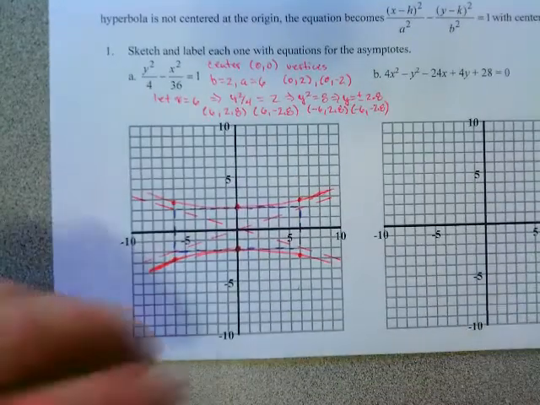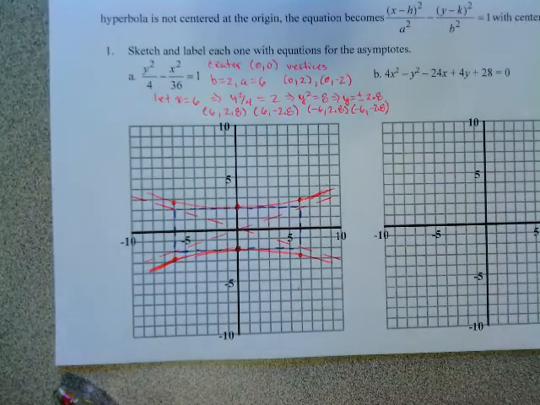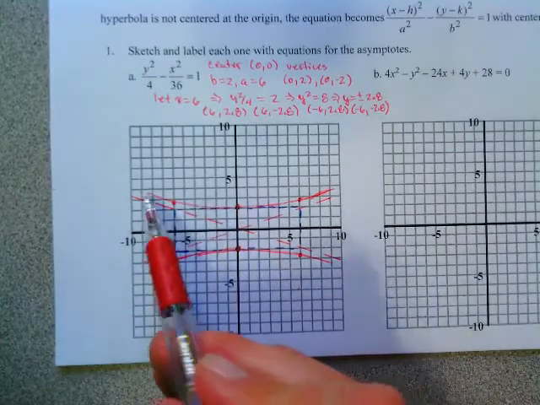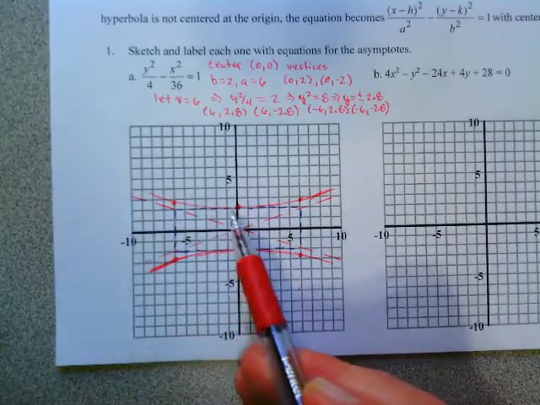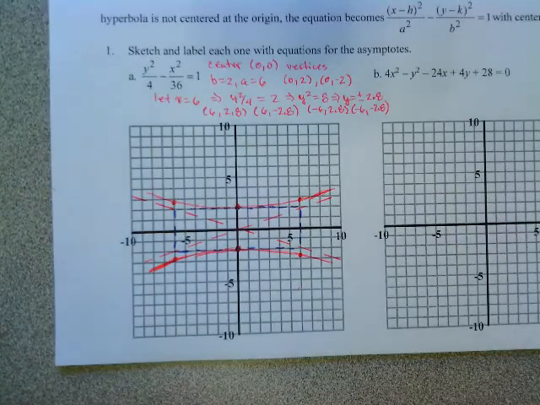There really is no reason to go through all that work, because I kind of know where things are bounded anyway. Just by putting that point and drawing a line that comes close to this one, through there, and then close to that one, I would be pretty close to what the graph should look like. Truthfully, the only thing I'm really concerned about is what it looks like, and is it opening up and down, or is it opening left and right?